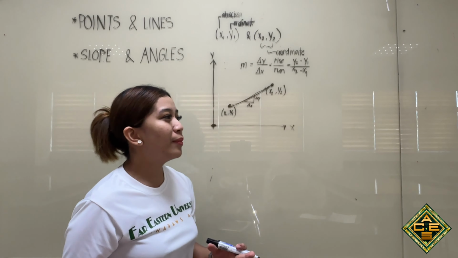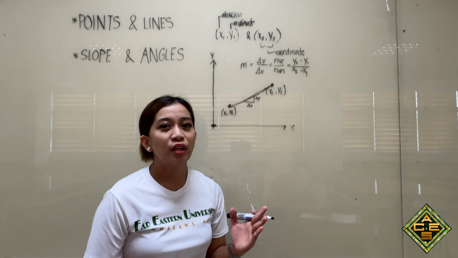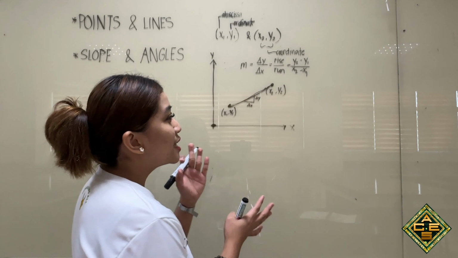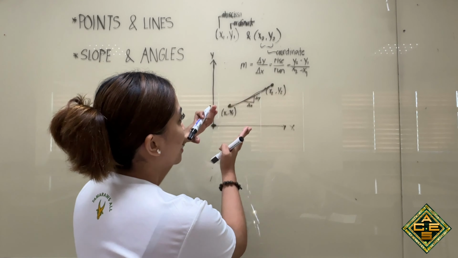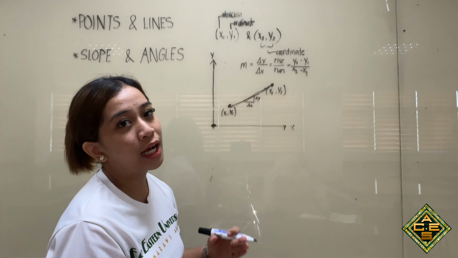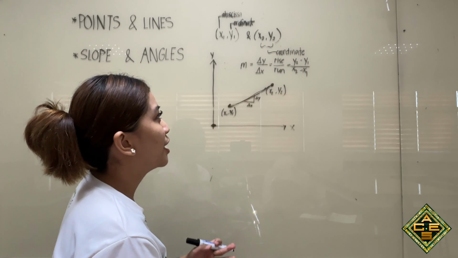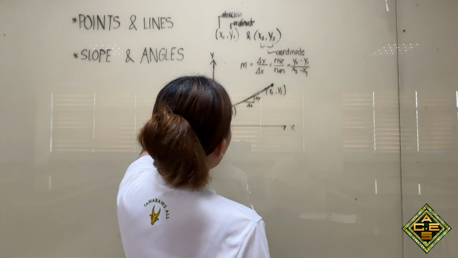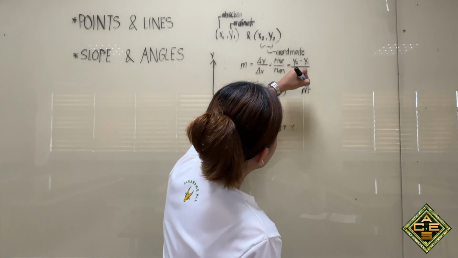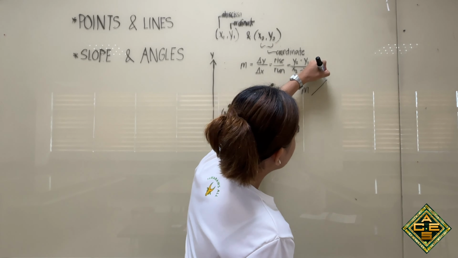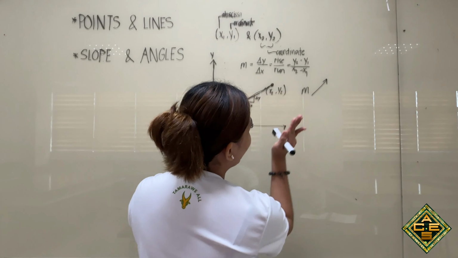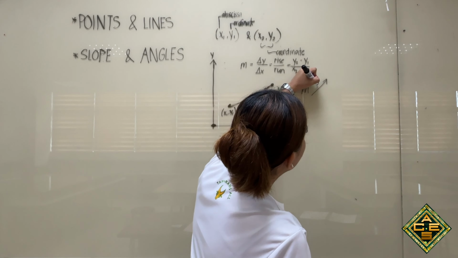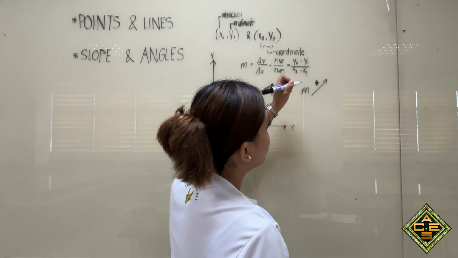So, paano ba natin ma-identify kung positive or negative yung slope natin? By inspecting kung saan yung inclination ng slope natin, we can already identify kung positive siya, negative, 0, or infinite. If m is going right upwards, it says that our slope is positive.